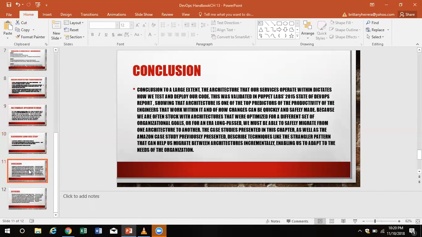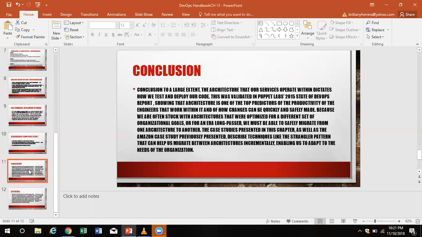So, the conclusion. To a large extent, the architecture that our services operate within dictates how we test and deploy our code. This was validated in the Puppet Labs 2015 State of DevOps report, showing that architecture is one of the top predictors of the productivity of engineers who work within it and how quickly and safely changes can be made, because we're often stuck with architectures that were optimized for a different set of organizational goals or for an era long past.